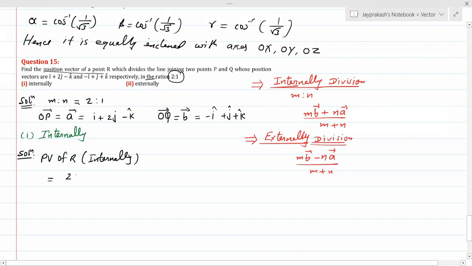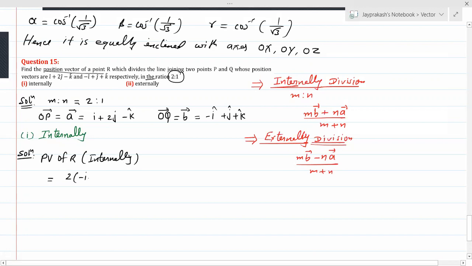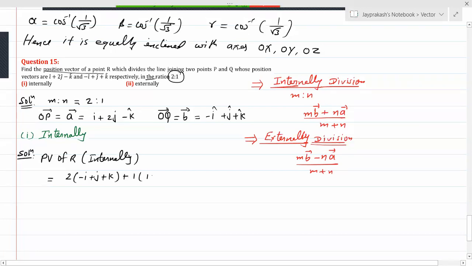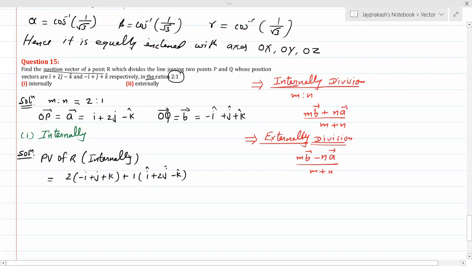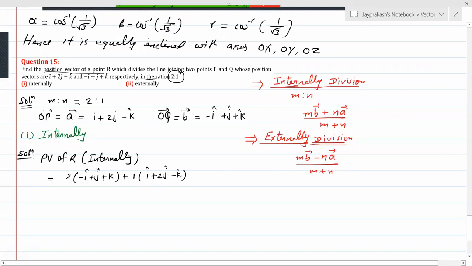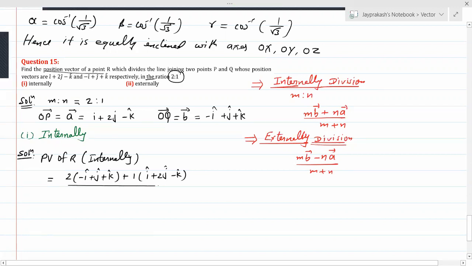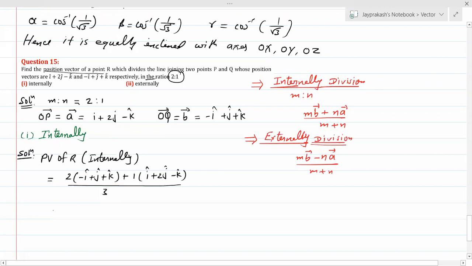So 2 into minus i plus j plus k, plus n, n is 1, i plus 2j minus k. These are all unit vectors, so you have to write them with a cap. Divide by n plus m. So n plus m will be 3, 2 plus 1 will be 3.